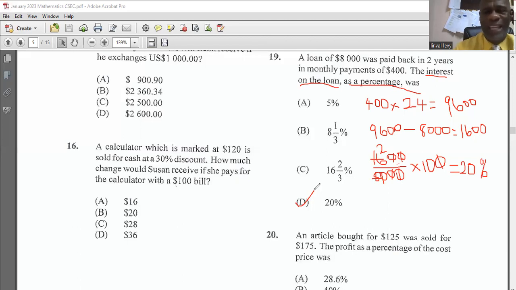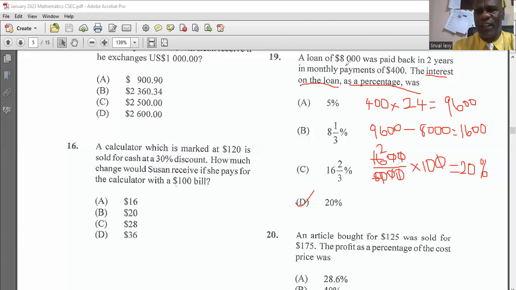That 9,600 includes the interest, and the interest is not a loan. So the loan is the $8,000 that you took, but on top of that you're paying $1,600. So they want to find out what percentage that 1,600 is of the amount of money you borrowed. You didn't borrow the $1,600.